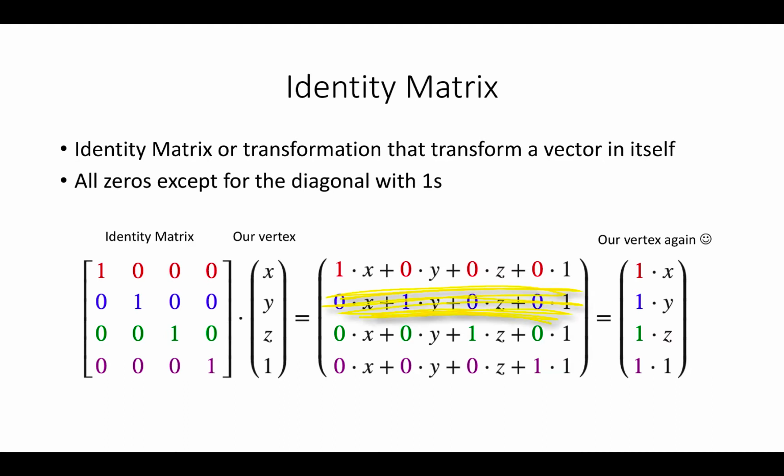The first result element is each individual element of the first row of the matrix multiplied with each element of the vector. Since each of the row's elements is 0, except for the first one, we get 1 multiplied by 1 plus 0 multiplied by 2 plus 0 multiplied by 3 plus 0 multiplied by 4, that is equal to 1. And the same applies to the other three elements of the vector.